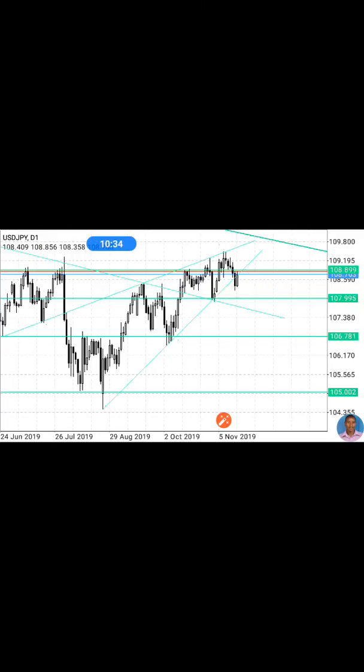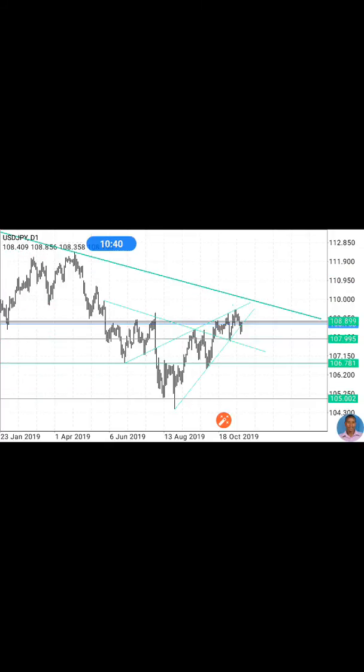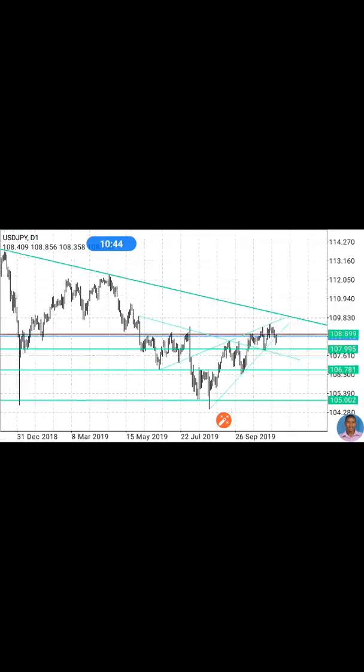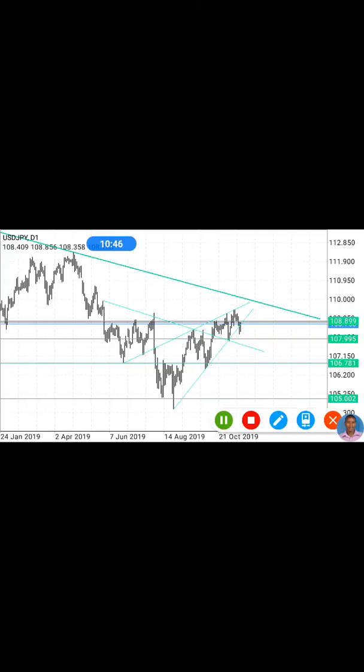So you need to put in mind that I'm not saying the price will fall from this point. As you can see, we have this big trend line which the price might need to respect. So the price may need to go back to test again this trend line.